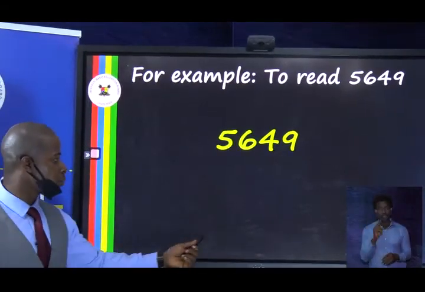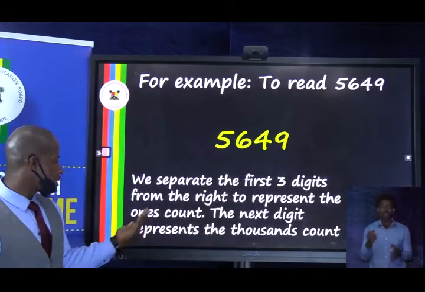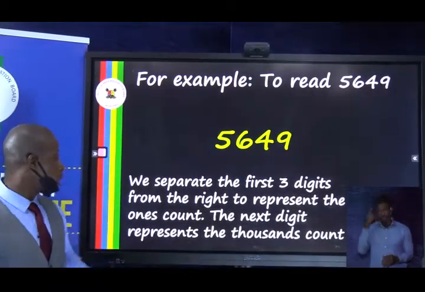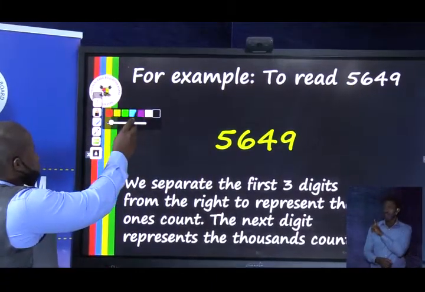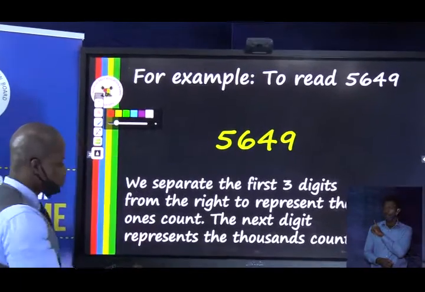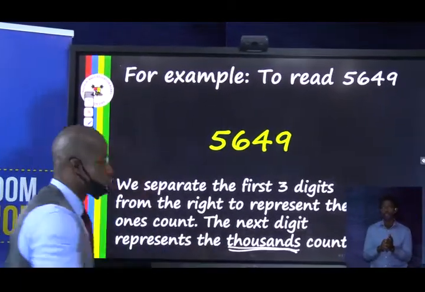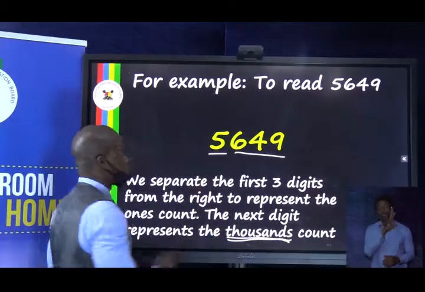So we separate the first 3 digits from the right to represent the ones count. The next digit represents what we call the thousands count. So this one here represents the thousands count, and these ones are for the ones count.